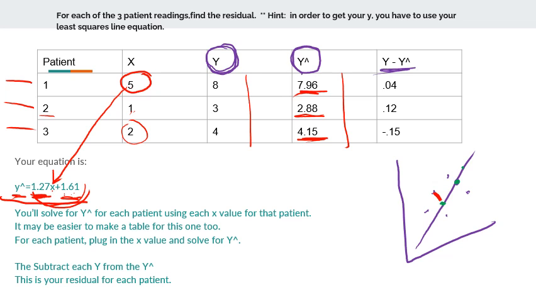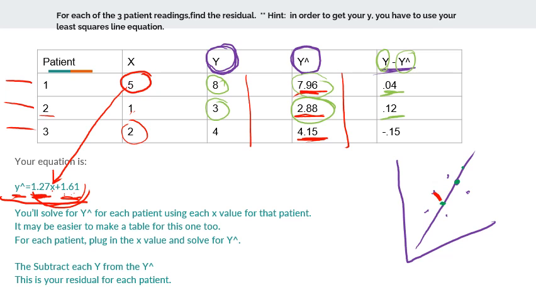At this point, all we have to do is subtract our y hats from our y's, just to find the difference. We take our 8 minus 7.96, and that will give us 0.04. Then for patient 2, we take our 3 minus 2.88, and that will give us 0.12.